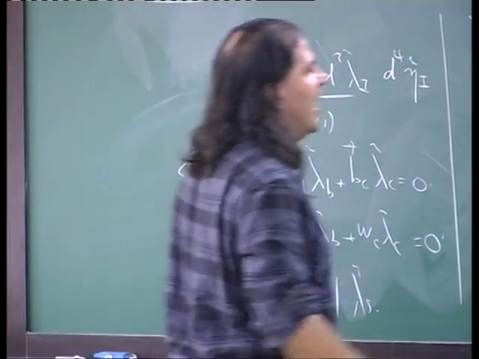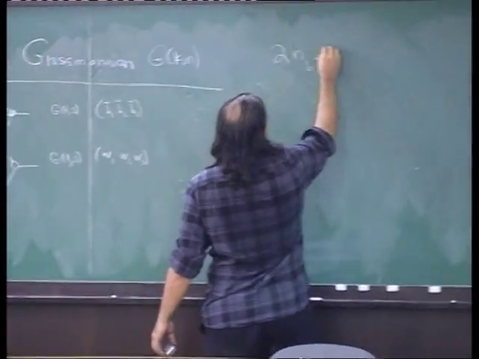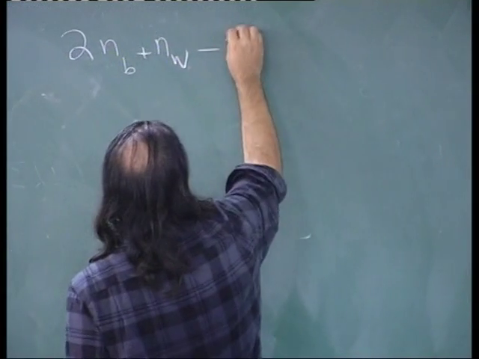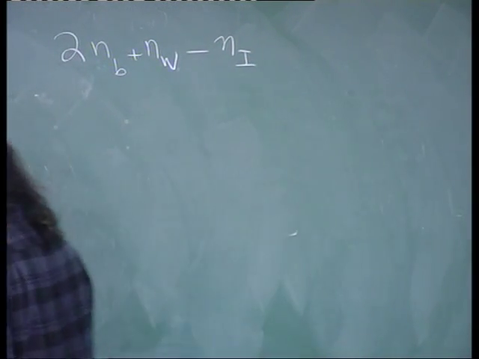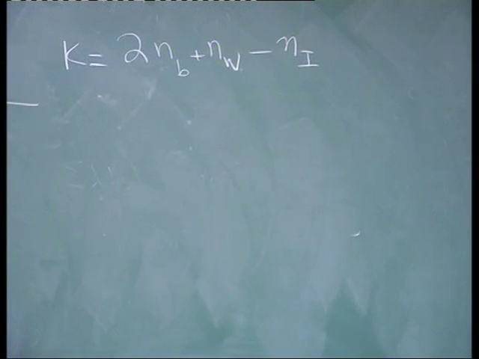Now, how many equations am I going to have? So here I had 2 equations for every black vertex, 1 equation for every white vertex, and I'm going to eliminate the internal ones. Okay? So this is the number of linear equations I'm going to have left. Let's call that k. That's exactly the k of the graph as well. Okay?